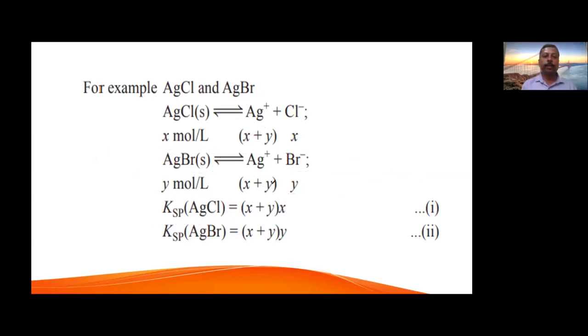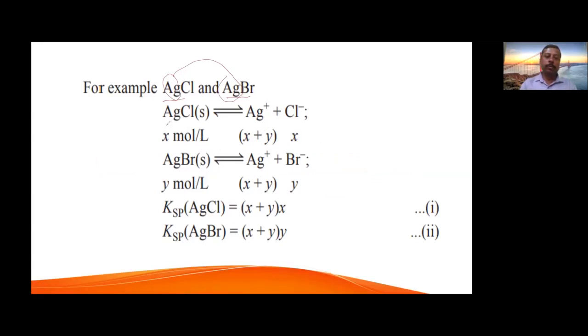Suppose AgCl and AgBr. Here both are sparingly soluble, so the first condition is satisfied, and for the common ion, silver is here and silver is here too. So both have the common ion, and that's why it meets both conditions.